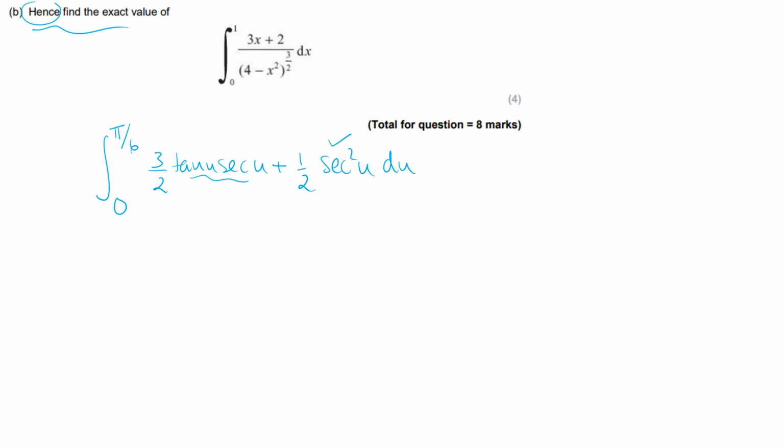When we see tan sec, if you think about y is equal to sec u. So that is y is equal to cos to the minus 1 of u. If we differentiate sec, which is cos to the minus 1, we can use the chain rule, power down, which will be minus cos, take 1 off, minus 2u, times the differential of the inside, which is minus sine u.